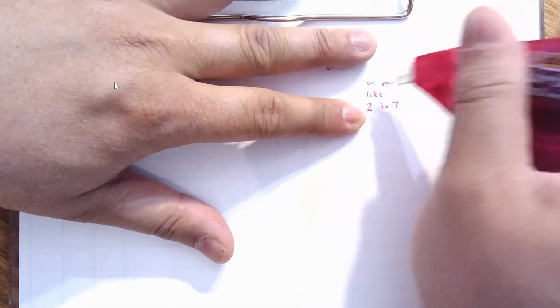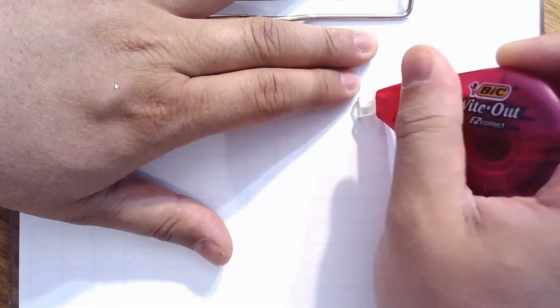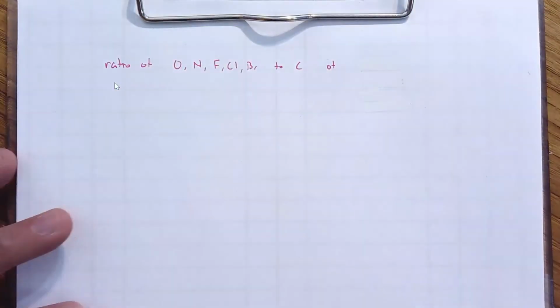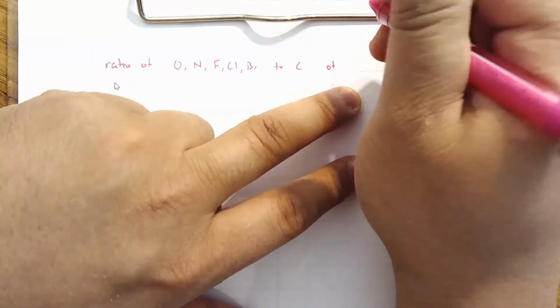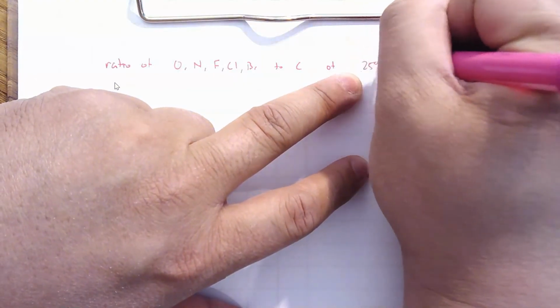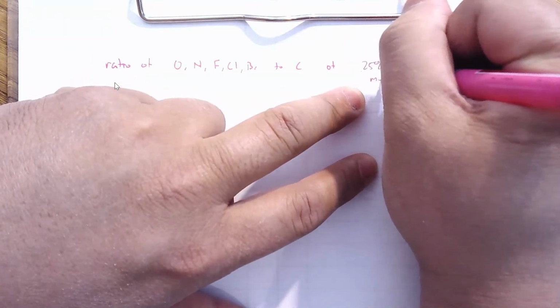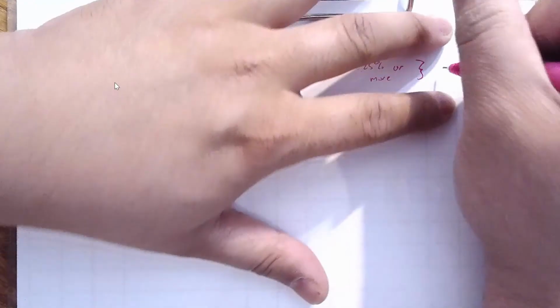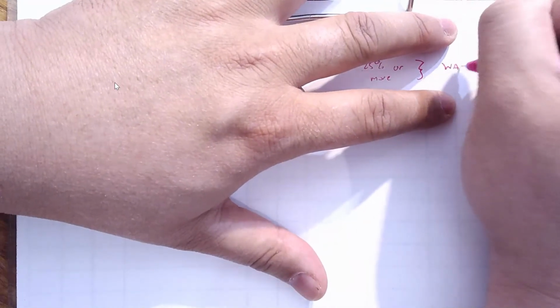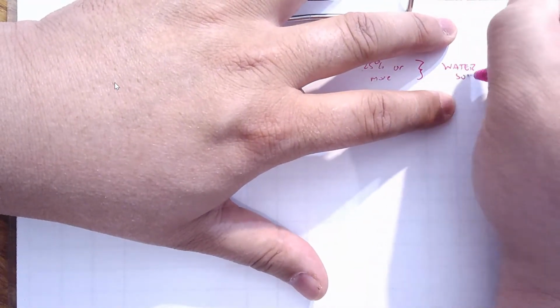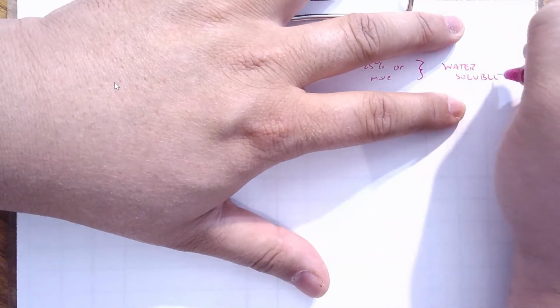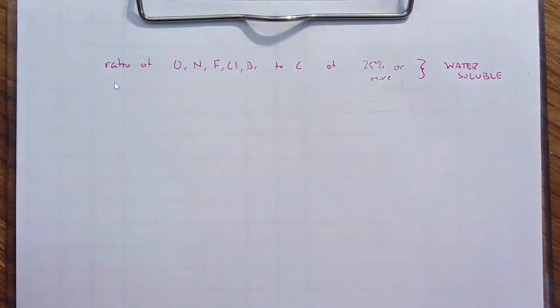You can tell I'm making up this rule because I'm just thinking off the top of my head, of 25% or more, you're going to say water soluble. I'll show you some real data, or at least data I found on the internet, in just a bit.